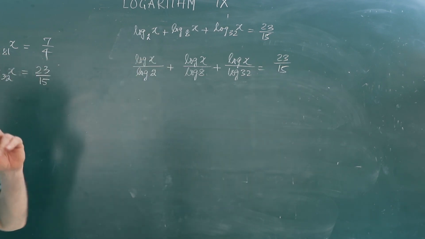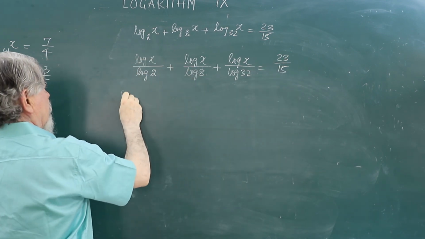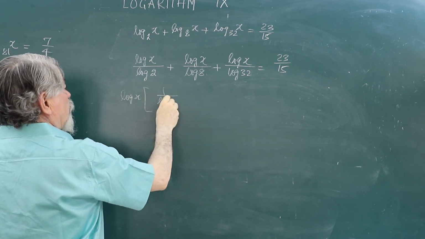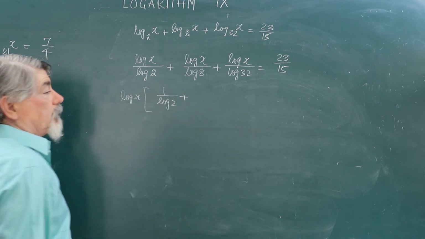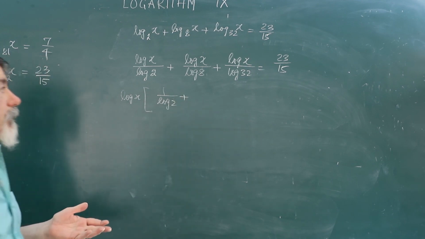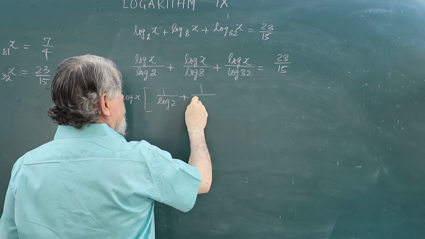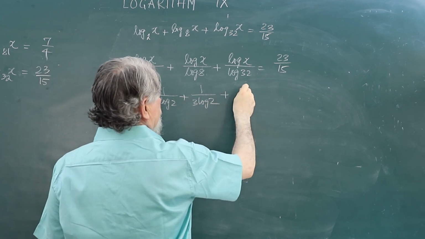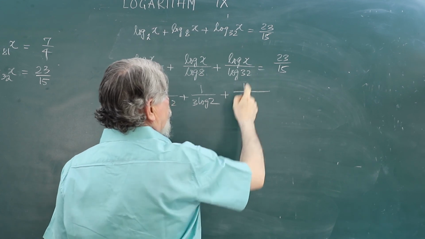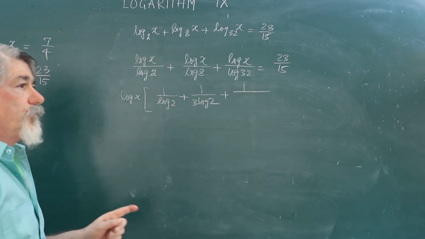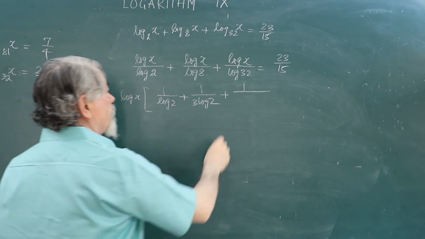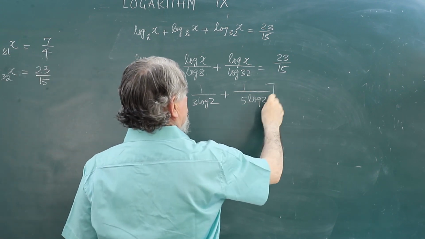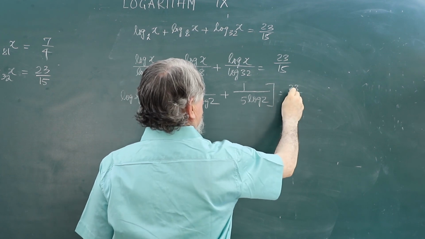We take log x common from this. It will be 1 upon log 2 plus log 8 can be written as 2 to the power 3. So it will be 1 upon 3 log 2 plus 1 upon 32, which is 2 to the power 5, so 5 log 2, is equal to 23 upon 15.